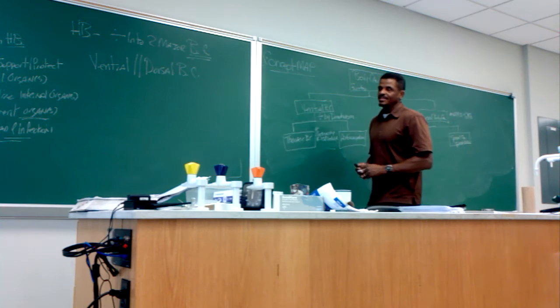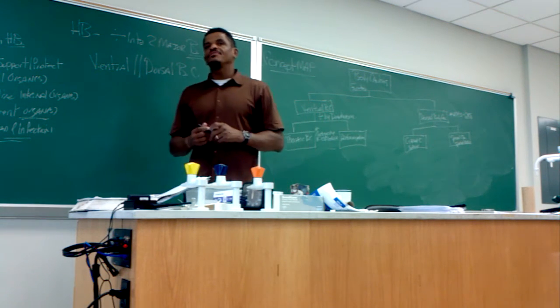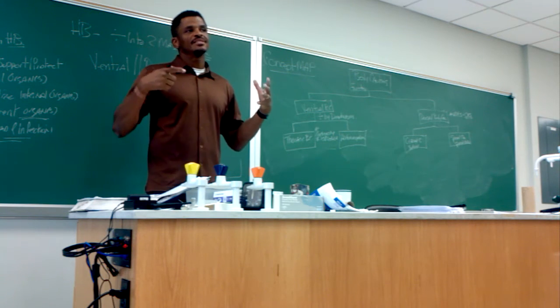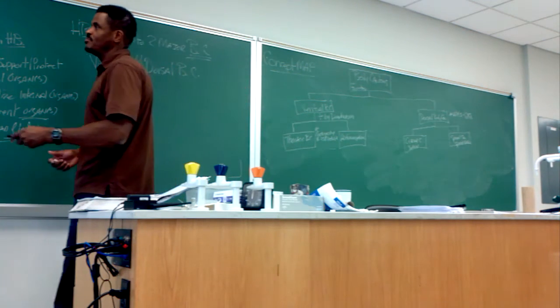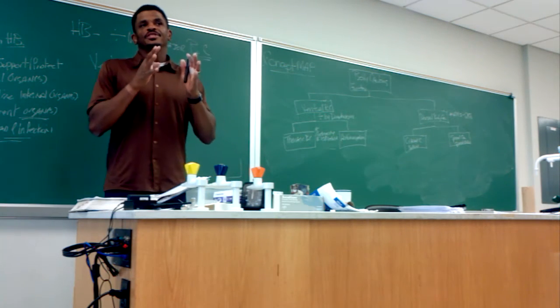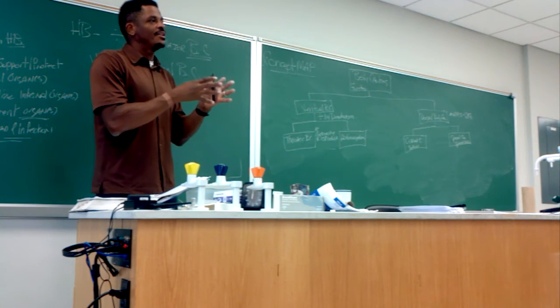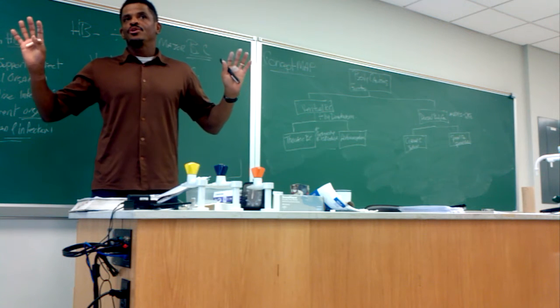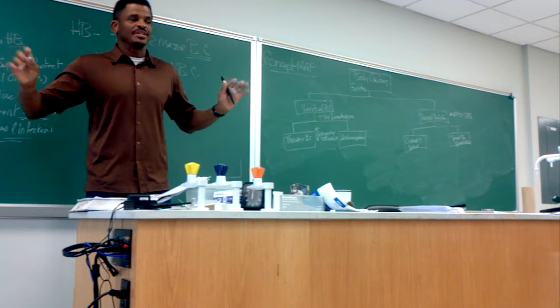The thoracic body cavity will be divided or partitioned by what's called the mediastinum. The mediastinum will be a membranous structure which will partition or divide the thoracic body cavity into the right and left what? Pleural cavity.